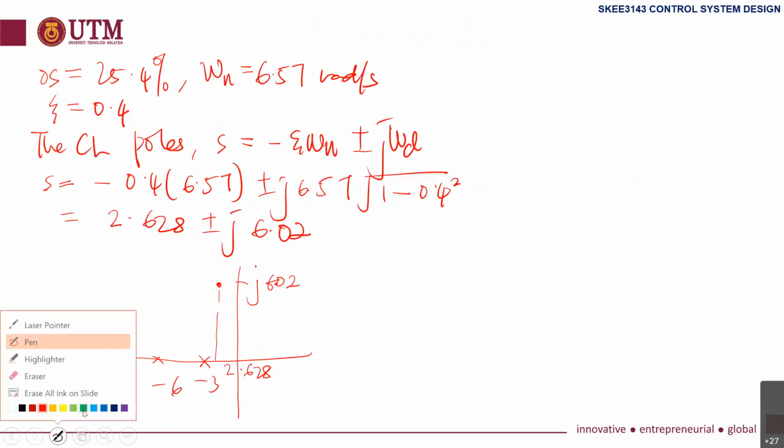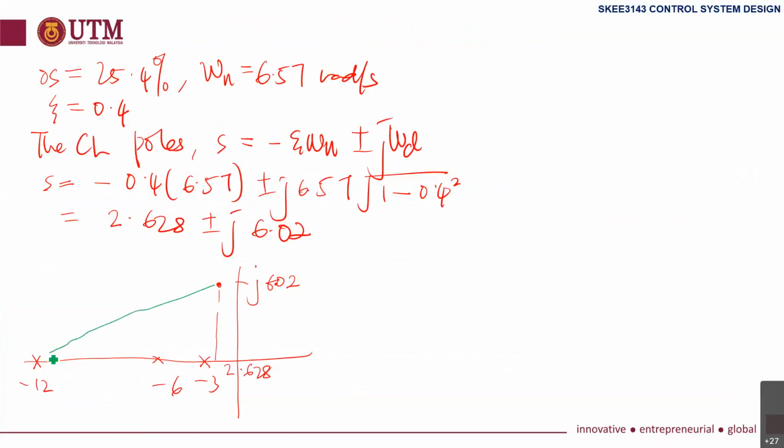Then we can find K by taking the lengths L1, L2, L3. K is L1 times L2 times L3. If you calculate, you get K of 464.8. This is K.